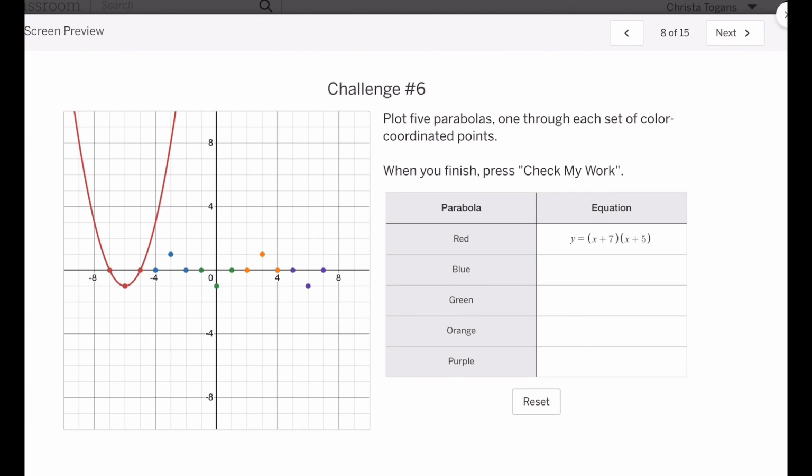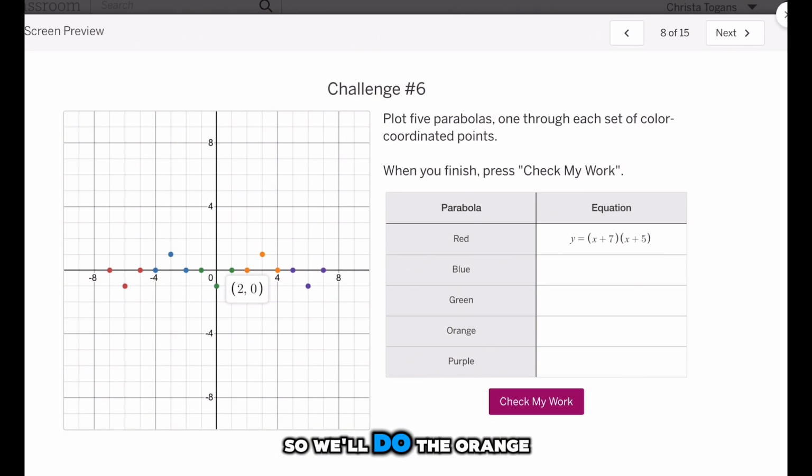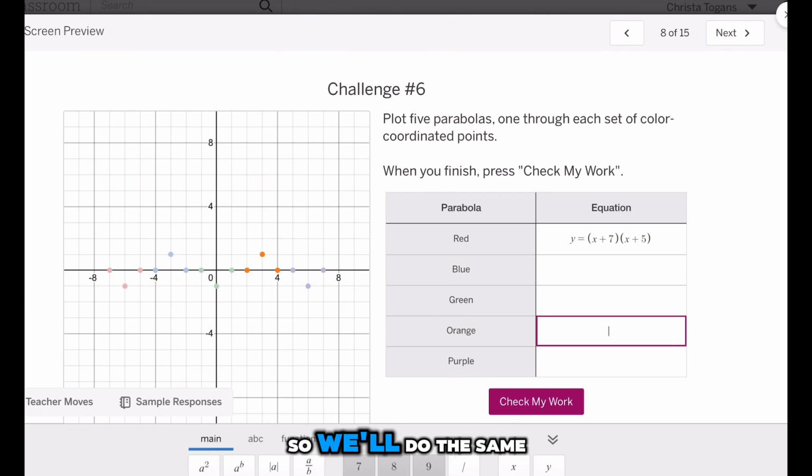Okay. Now I'm going to do one that is, let's see, we'll do the orange one, because that is an actual flip. So we'll do the orange one. So we're going through 2, 0 and 4, 0. So we'll do the same exact thing.